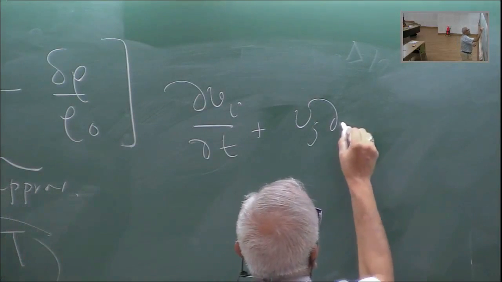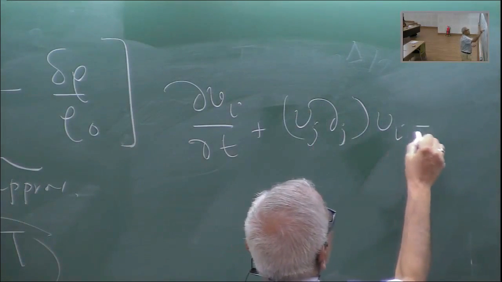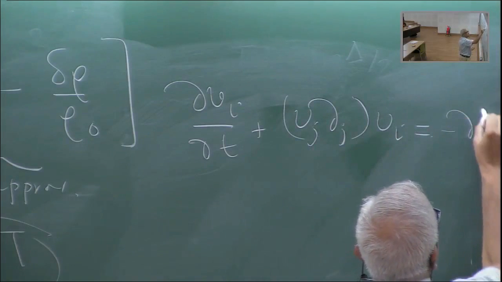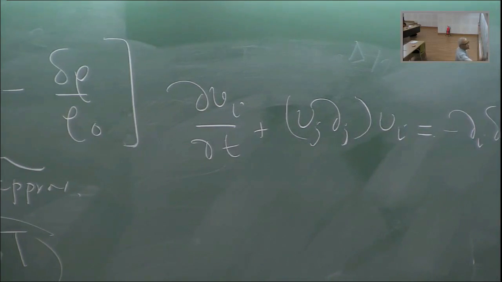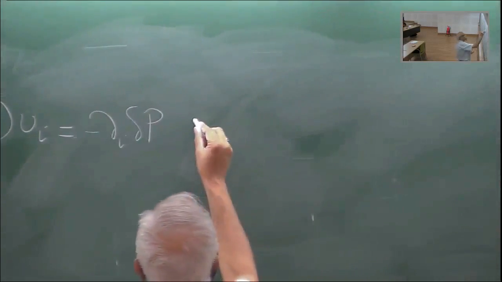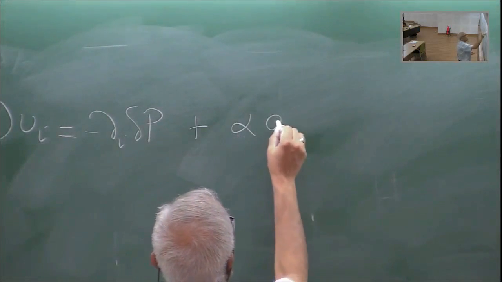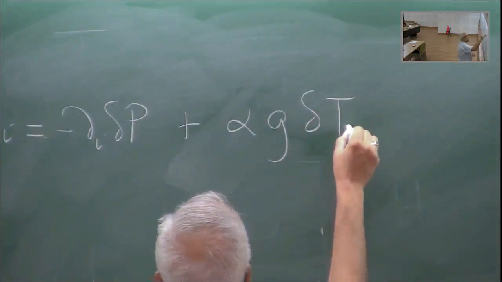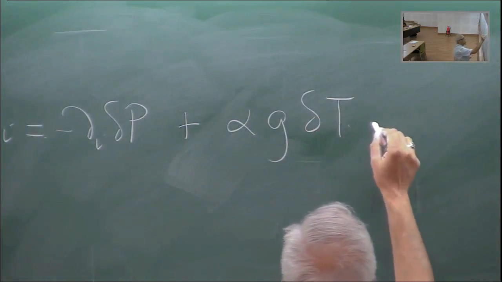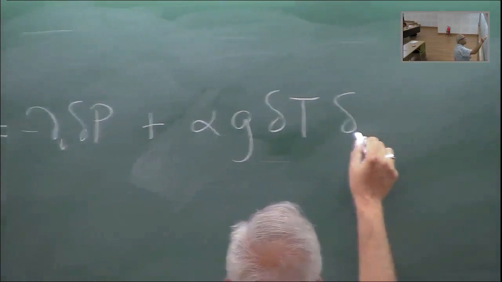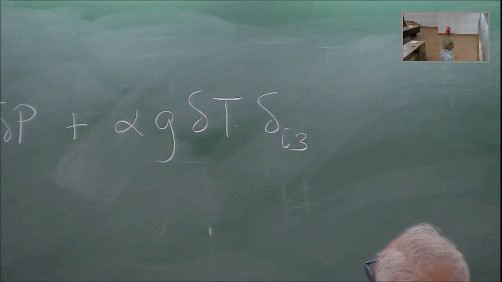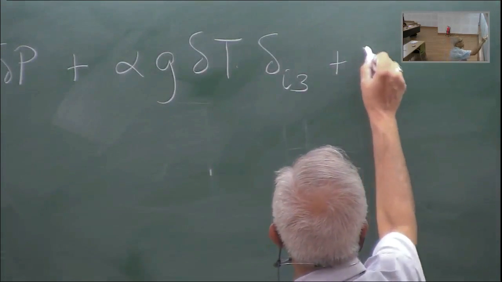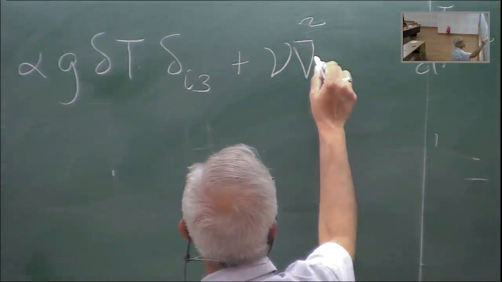So no pressure variation, after I have taken that into account, plus alpha g delta T, and this is only in the 3 direction, plus nu del squared V_i.